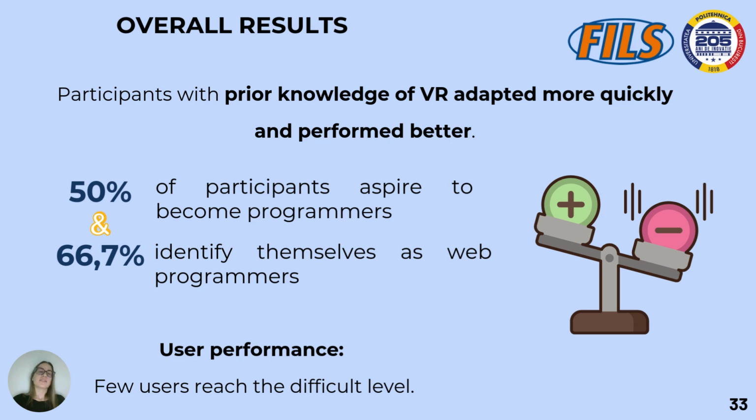As the main takeaway of the overall results, people with some VR experience did a little bit better, even though only a few made it to the final level. Another interesting result is that the web developer scenario was the most popular.